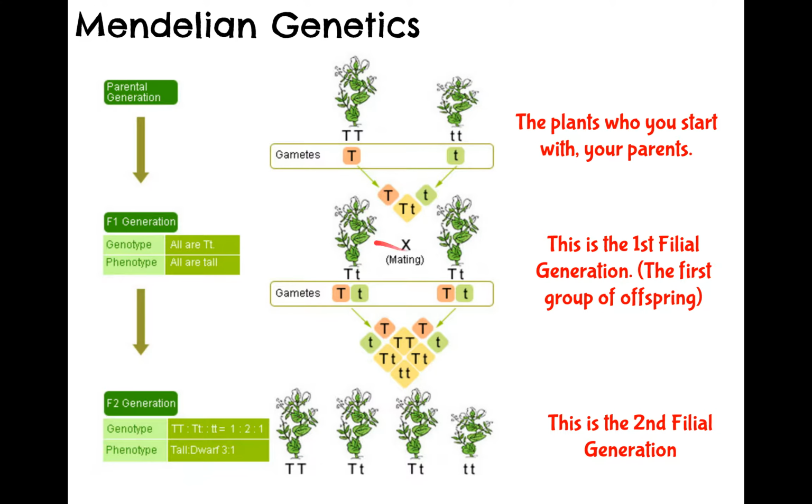Then if we were to mate two heterozygous plants, we would get capital T, lowercase t, which is heterozygous, and then we would take their gametes and do another cross. This is showing you what Mendel did within his work, and there are going to be examples later in this presentation to help you understand this a little more.